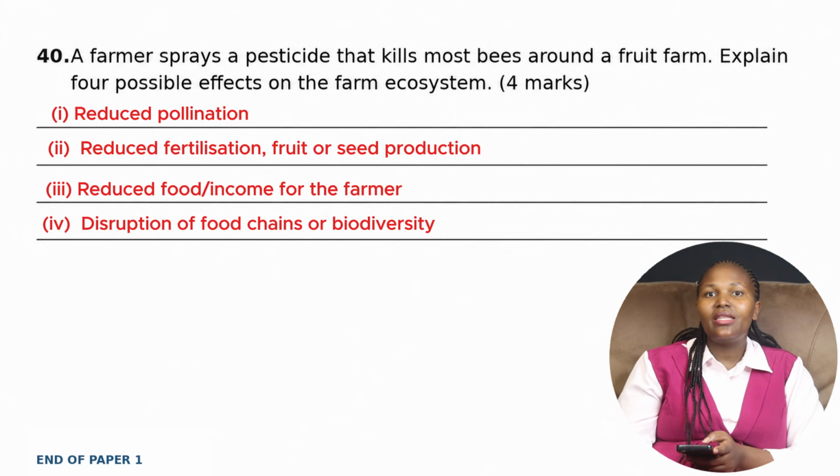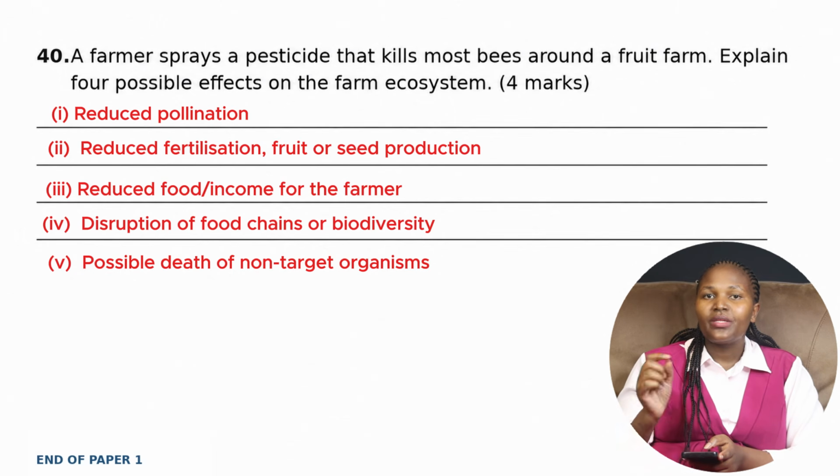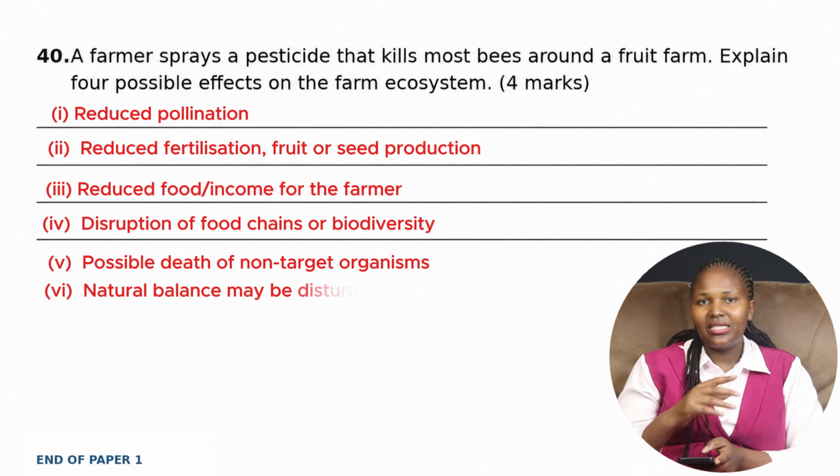And then next, when there is less food, people can even die. So you can say possible death of non-target organisms. You see? And then another effect apart from that food chain effect, there is also going to be natural balance may be disturbed, because there is that natural balance in the farm and it is going to be disturbed.